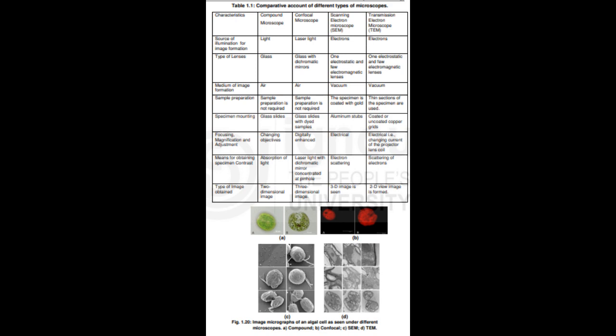In the method, thin sections are not cut but particles are suspended in a small drop of liquid, applied to copper grid and allowed to dry in air. The dried surface of sample is treated with stains such as phosphotungstic acid or uranyl acetate, Fig. 1.21. The specimen is visualized against the stained dark background.